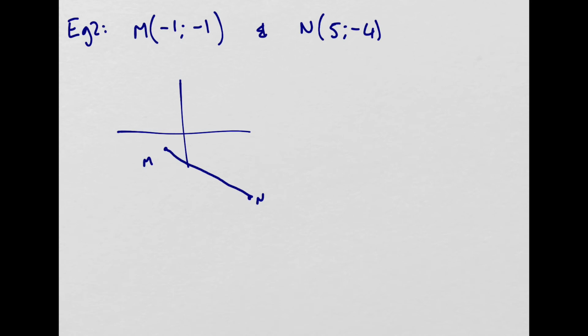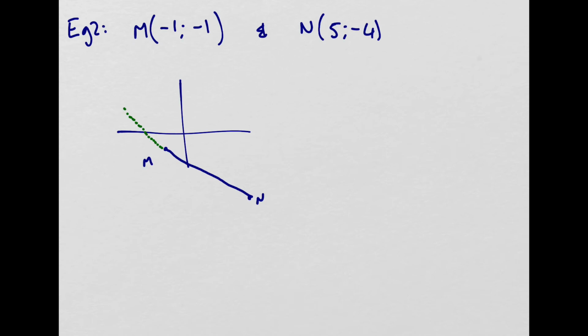Okay, so we're working out that angle of inclination. Now, I told you that the angle of inclination is between the x-axis and the function. But now, this function doesn't even touch the x-axis. So to illustrate how the angle of inclination works, we can extend this line through the x-axis.